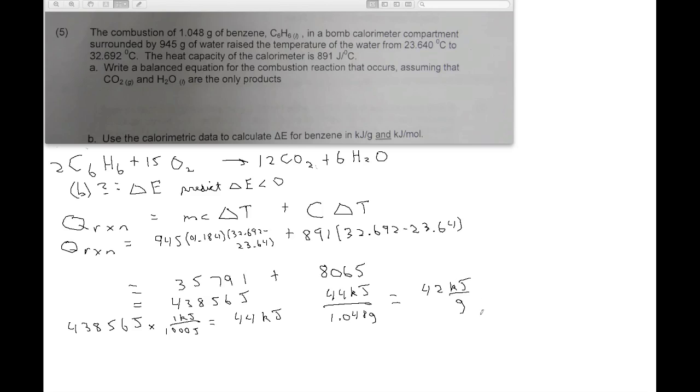And then also negative 43.85 kilojoules divided by, let's see, it's 1.048 grams divided by 66 grams per 1 mole. That's equal to 0.0157 moles.